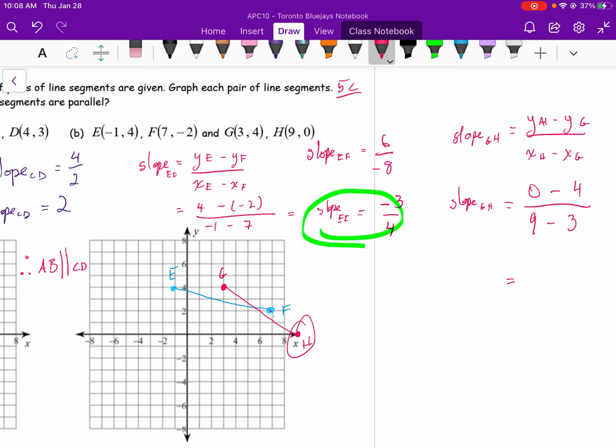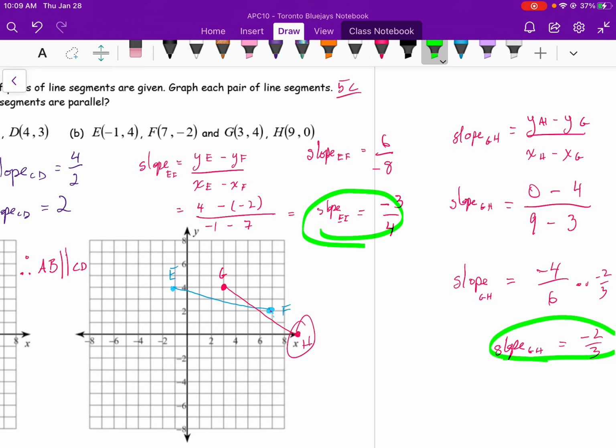So what I do get is the slope of GH is negative 4 over 6, or negative 2 over 3. So the slope of GH is equal to negative 2 over 3.